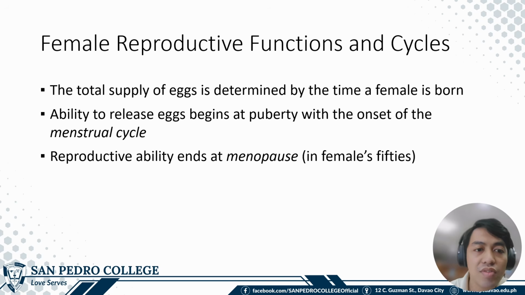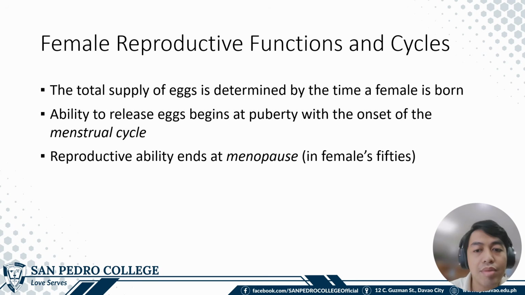So the female reproductive system releases an egg in every menstrual cycle, and that is released by only one ovarian follicle. By the age of 40s to 50s, the female will be left with no follicle to release any egg.